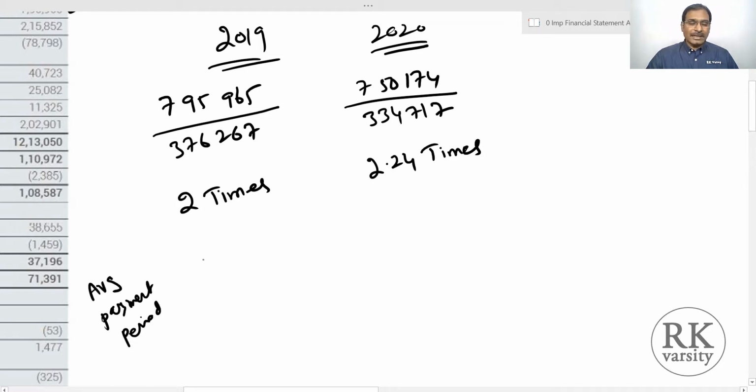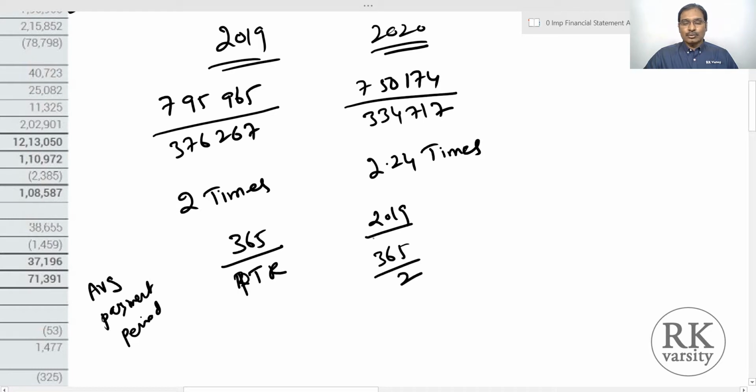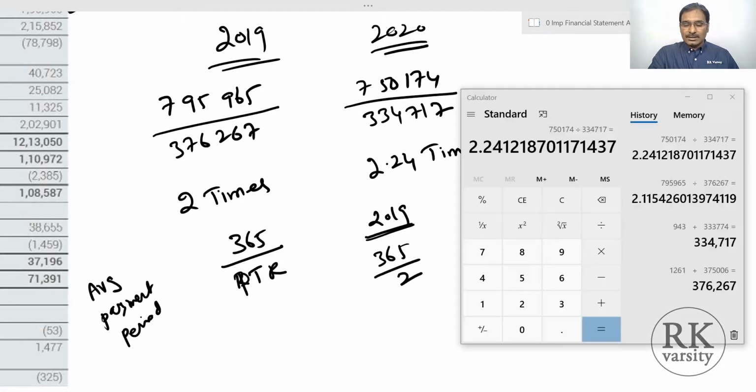For this, you need to divide 365 by your payables turnover ratio. So for 2019, this is 365 upon 2, and for 2020, this is 365 upon 2.24. More or less we may get the same time period.